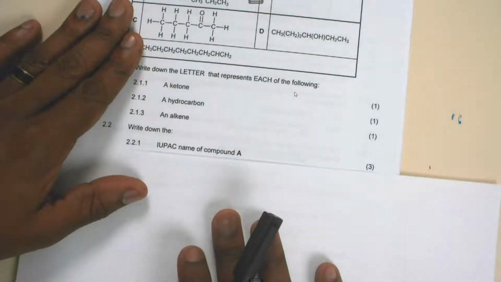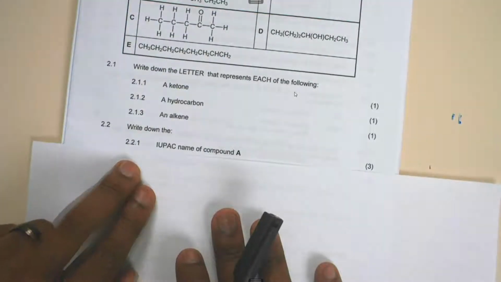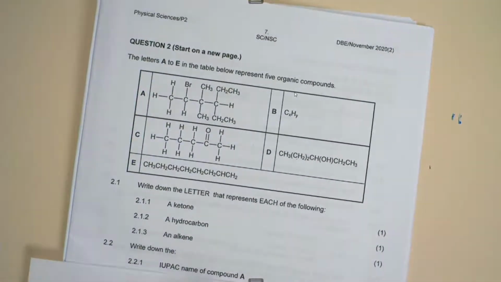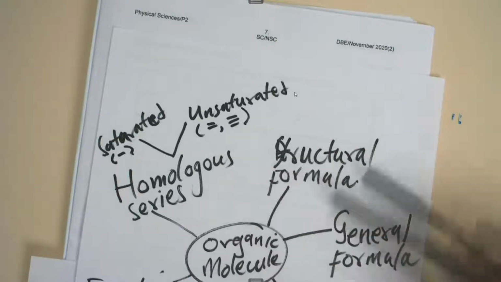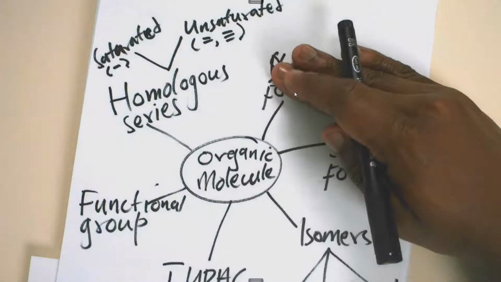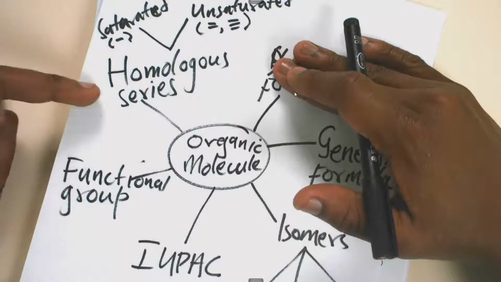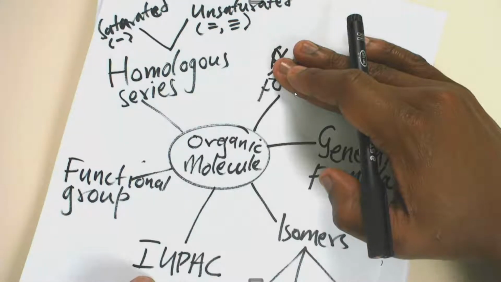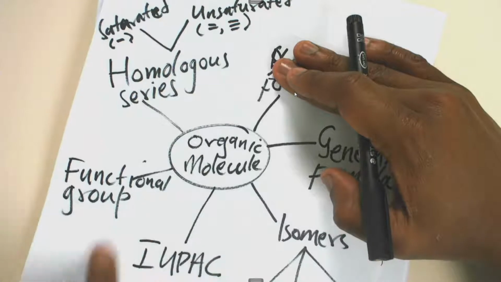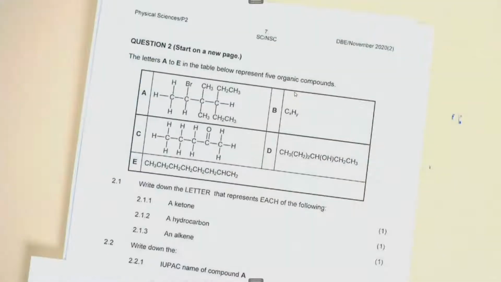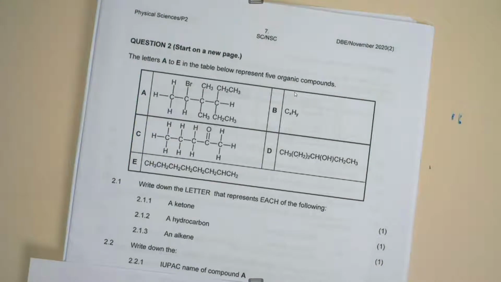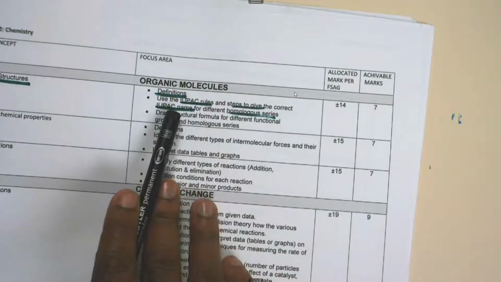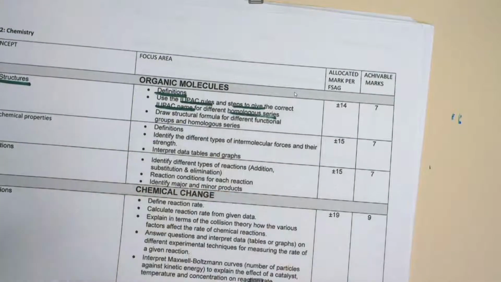At 2.2.1, write down the IUPAC name for compound A. I did say that because I am given a structural formula, possible questions to follow should be: give the homologous series to which it belongs, give the functional group, give the IUPAC name. So the examiner now is asking us to give the IUPAC name. Hence, it is saying there in our achievables to use the IUPAC rules and steps to give the correct IUPAC name for the different homologous series.